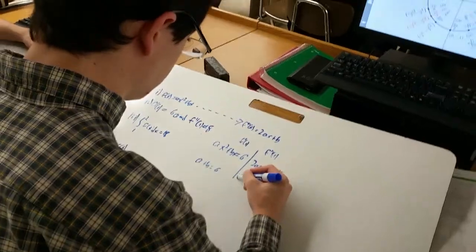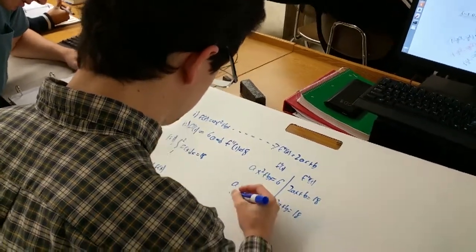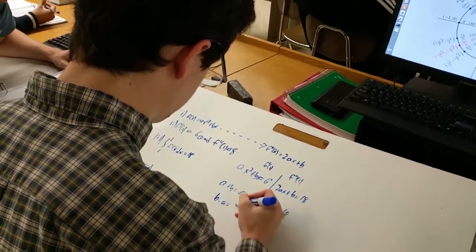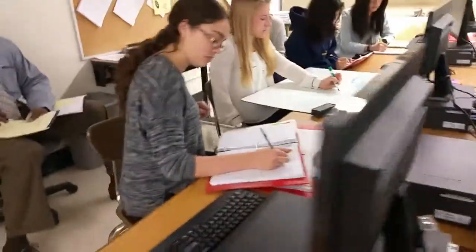And then, oh, so one of them has to be negative. Okay, so then b equals 6 minus a. Well, that's what you need. What'd you get?